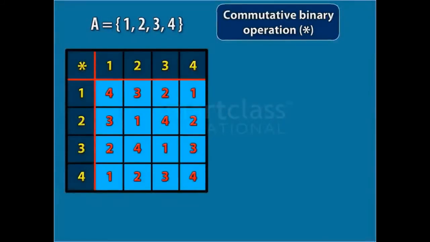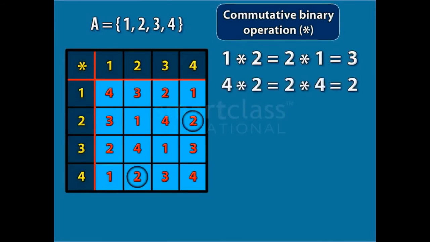Now let's understand what commutative binary operation is. From the table, we can see that 1 star 2 and 2 star 1 equals 3. Likewise, 4 star 2 and 2 star 4 equals 2. Similarly, we can check for other pairs.